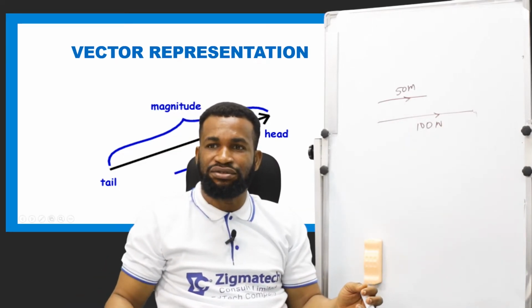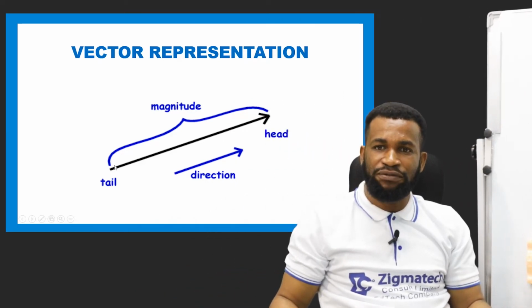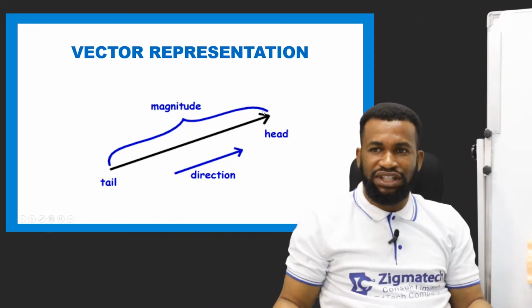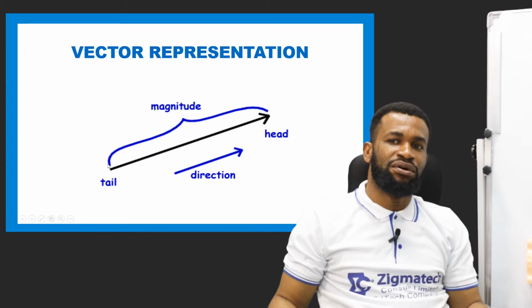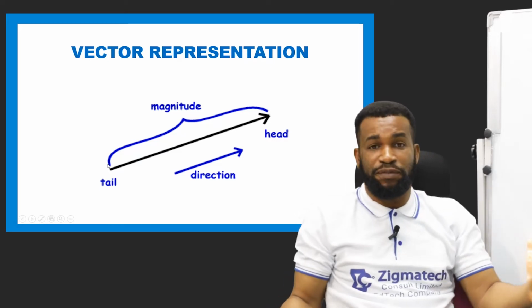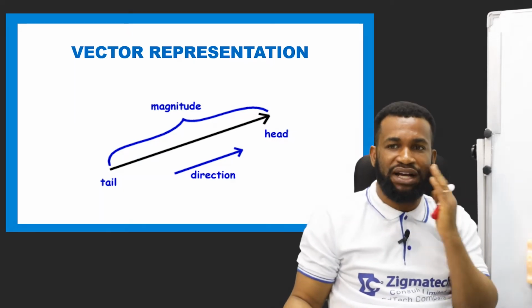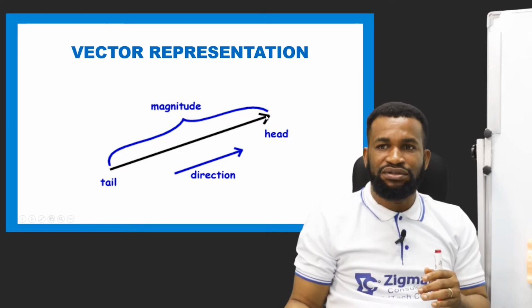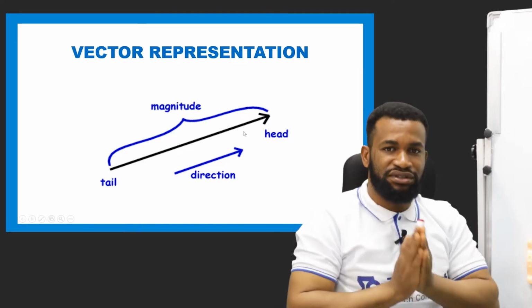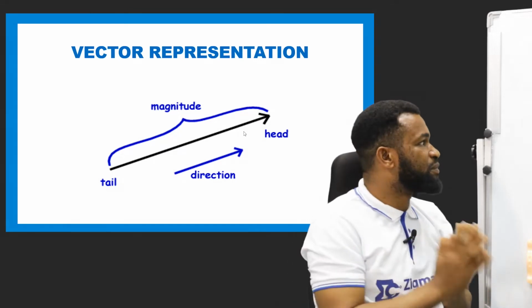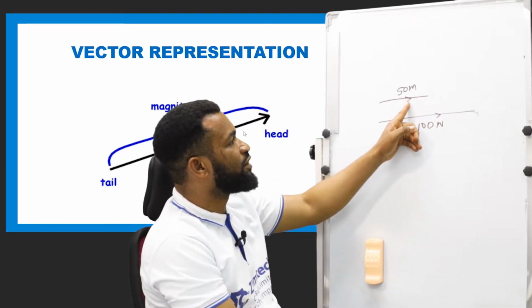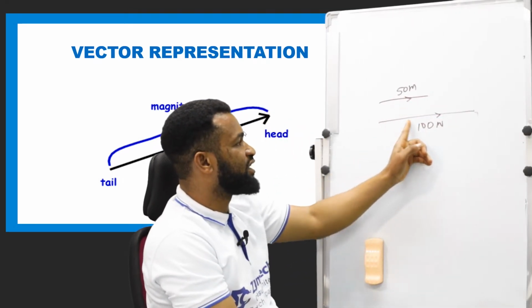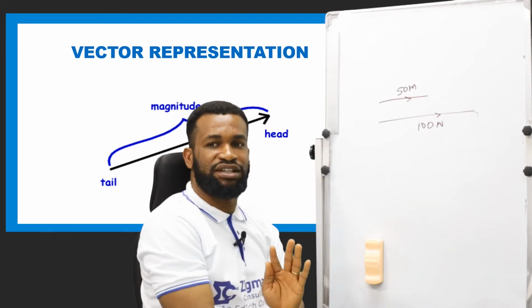From the tail to the head of the arrow, you have a magnitude. So the length of the arrow, even if it may not be drawn to scale, represents the magnitude, but the arrow tells you about the direction. So when you want to represent a vector, make sure you put an arrow, and when you write a straight line, put an arrow to show that it is a vector.